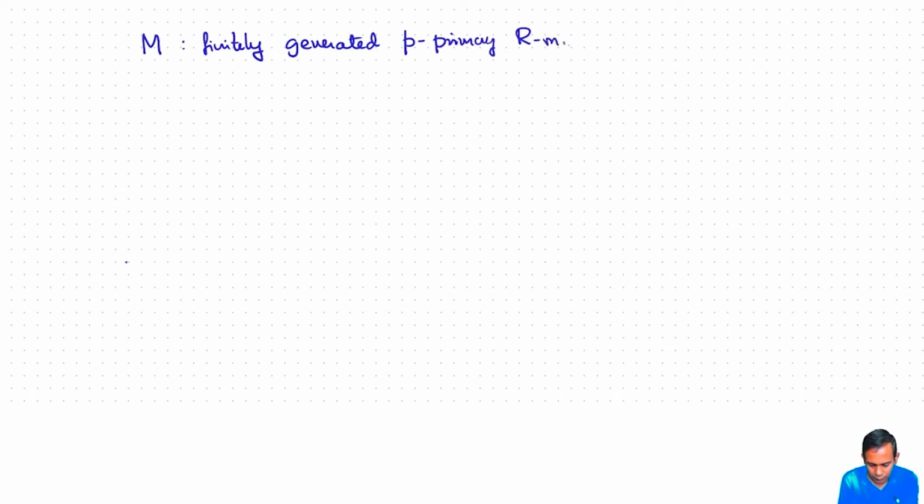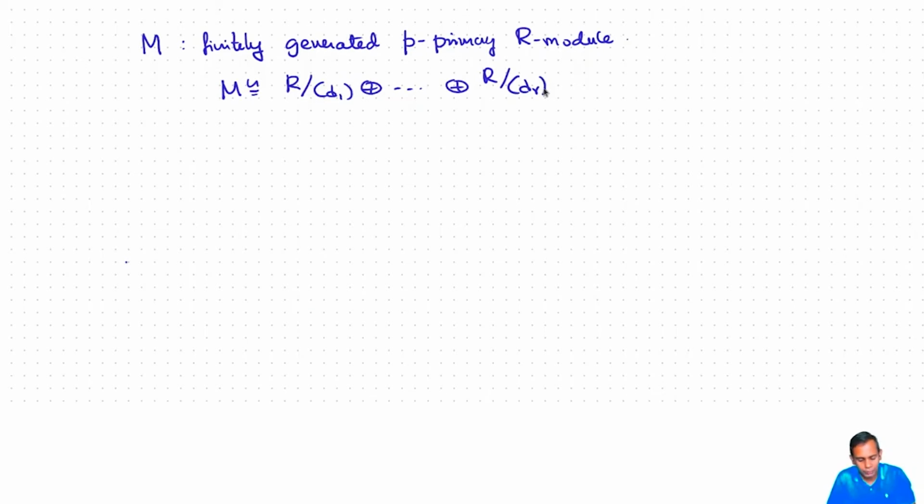As a consequence, suppose M is a finitely generated P primary R module. Then a priori we know that M is isomorphic to R mod d1 plus through R mod dr. It's torsion because it's P primary, so there's no free part, no R to the power f, for some d1, d2, through dr with d1 dividing d2, and so on.